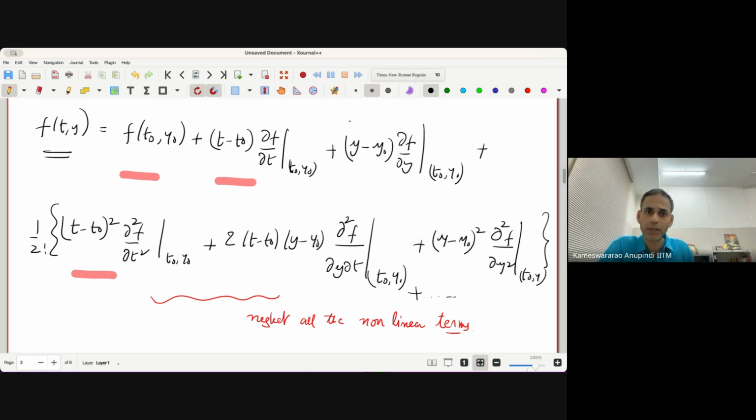So if I include only the linear terms, I can write f of t, y equals, I have these five terms, right?